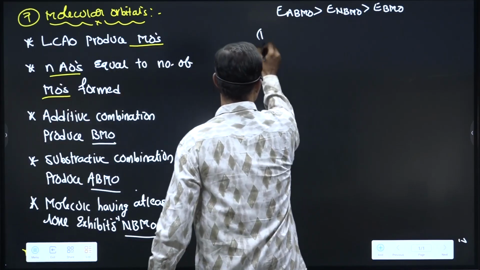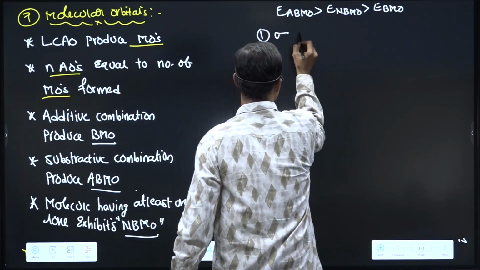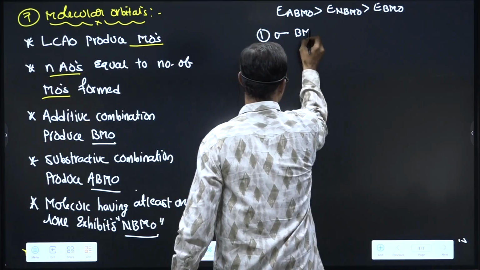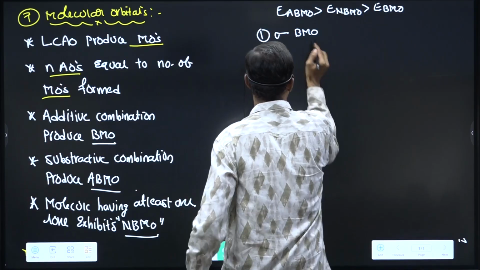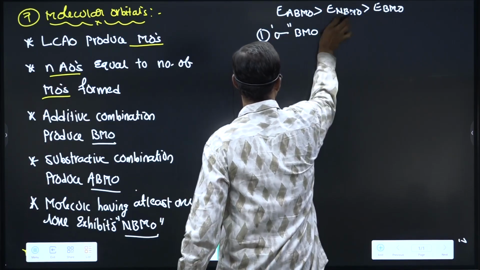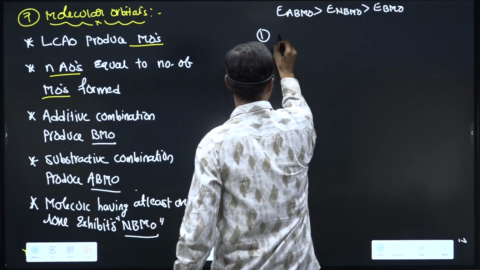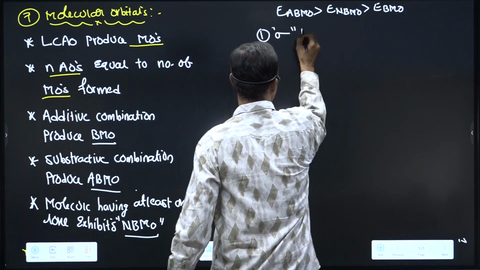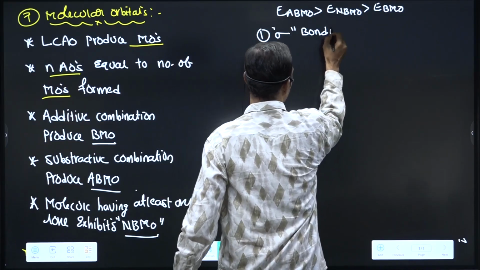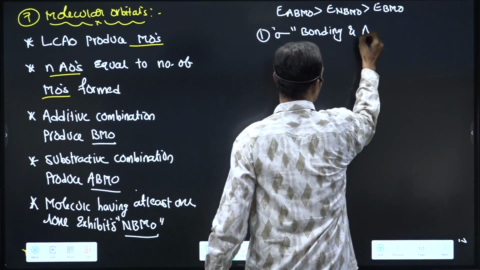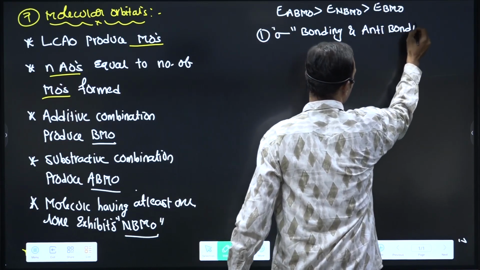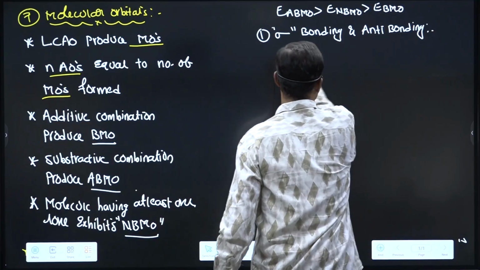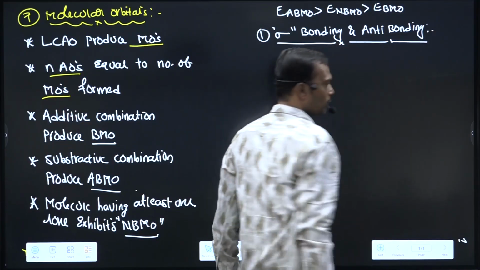Okay. So here, sigma BMO, otherwise you write sigma bonding. Sigma bonding and anti-bonding overlap.